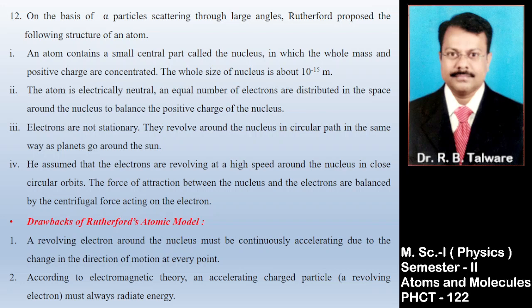First one is a revolving electron around the nucleus must be continuously accelerating due to the change in the direction of motion at every point. Then second one is according to electromagnetic theory, an accelerating charged particle, the revolving electron, must always radiate energy.